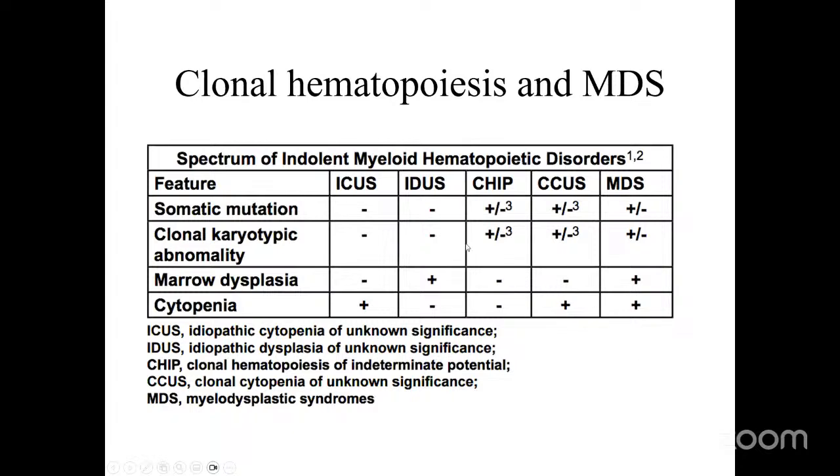If one or the other is not present, then it falls into other categories, such as idiopathic cytopenia of undetermined significance, wherein you do not have any clonal abnormality or dysplasia, but the patient has cytopenias, which could be because of many secondary causes. Idiopathic dysplasia of uncertain significance is when you just have dysplasia. Clonal hematopoiesis is when you have mutations, but no dysplasia or cytopenias. And clonal cytopenia of undetermined significance is when you have clonality and cytopenia, but you do not have dysplasia.